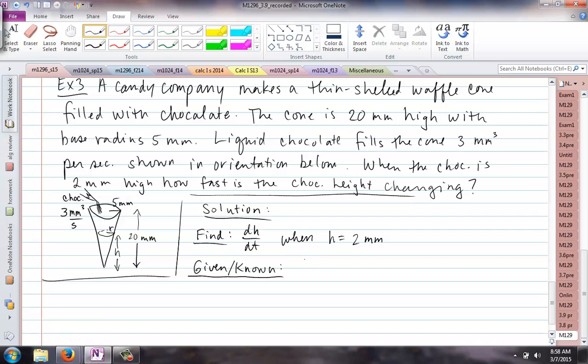It's per second, which makes it a rate, and we have a length cubed, which is volume. So we know that the rate that was given is dV over dt. You can tell by other ways too, but I think the units are one of the most obvious. So we have that, and some other givens in the picture.